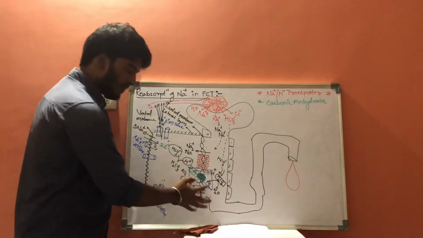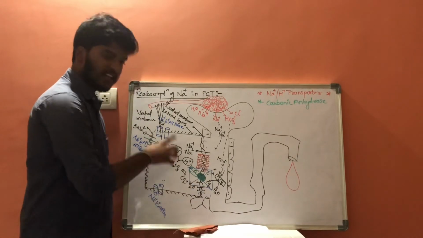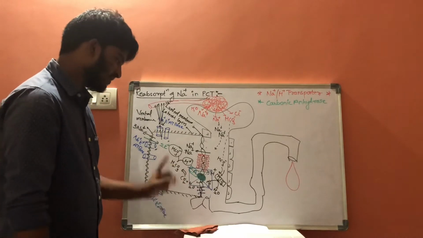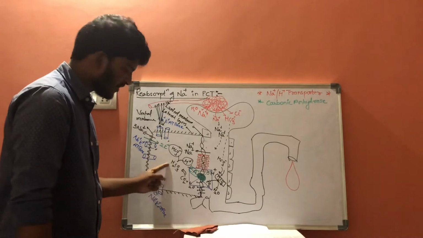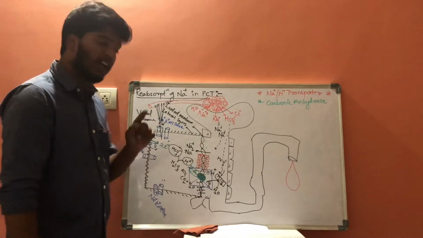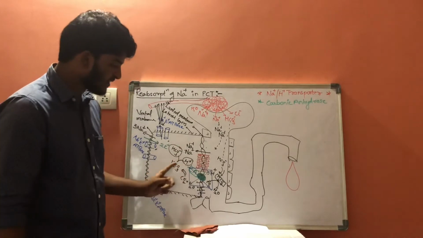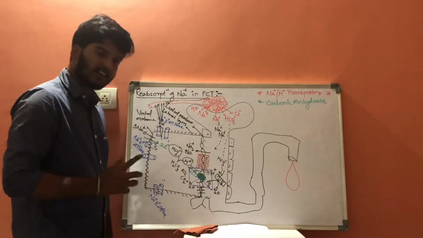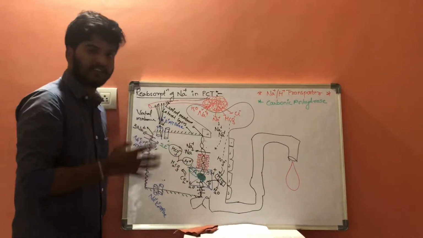If this carbon dioxide and H2O do not form, they cannot enter the epithelial cells. If carbon dioxide and water do not enter the cell, they cannot be assembled again, so they do not form H2CO3. If H2CO3 is not formed, it cannot be cleaved into H plus and HCO3 minus. If H plus and HCO3 minus are not formed, the concentration of protons within the cell will decrease.